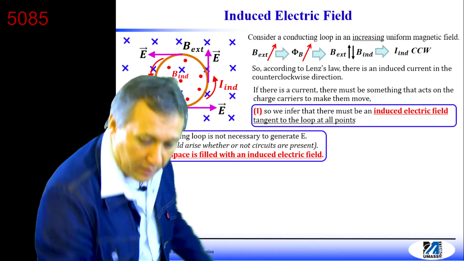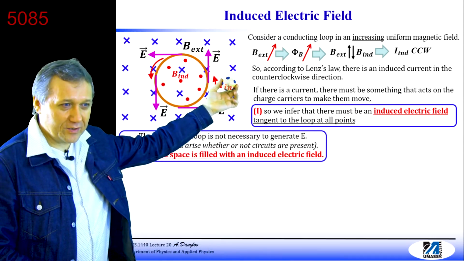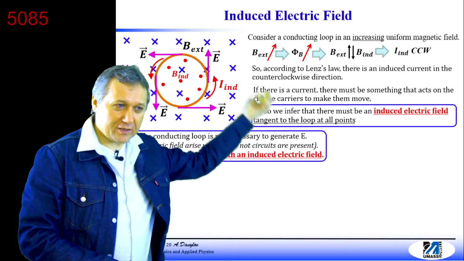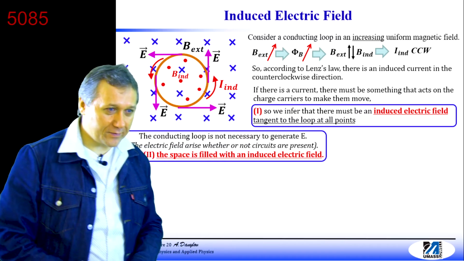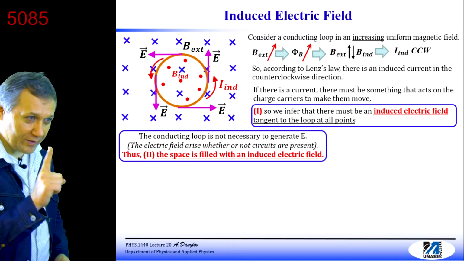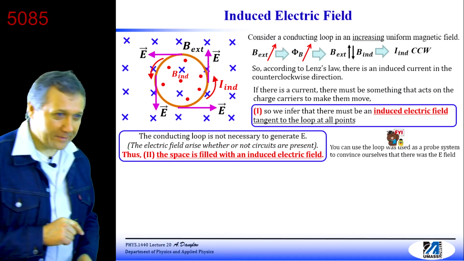Or you can grab, you remember that small positive probe charge, position it, and of course the probe charge will give you the direction of the electric field. Position it at several spots in order to convince somebody that there is an electric field, right? But again, in order to produce this electric field, the loop is not needed, right?